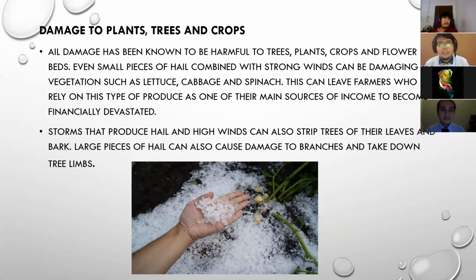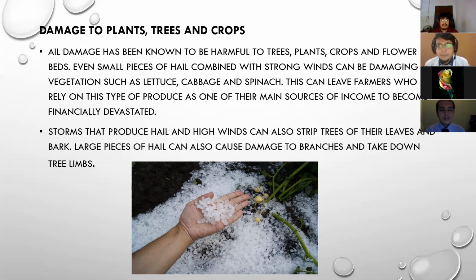Damage to plants, trees, and crops. Hail has been found to be harmful to trees, plants, crops, and flower beds. Even small pieces of hail combined with storm wind can damage vegetables such as lettuce, cabbage, and spinach.